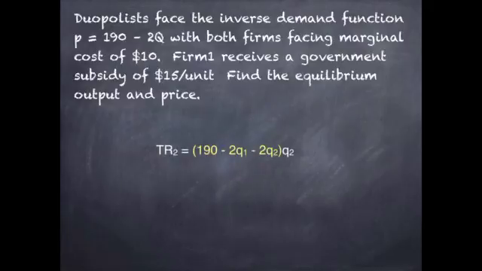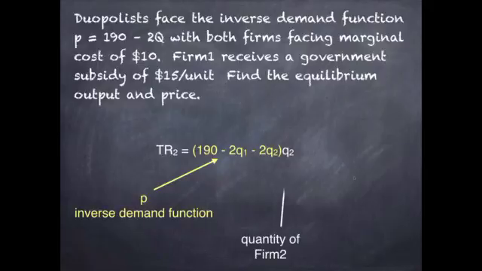Now we need to find the reaction function of firm 2, so we start off with total revenue. Again we have the inverse demand function, and we multiply that by the output of firm 2 to give us the total revenue function for firm 2.